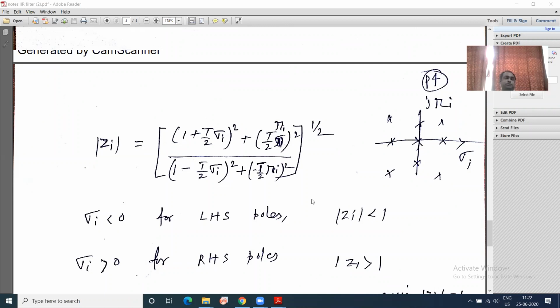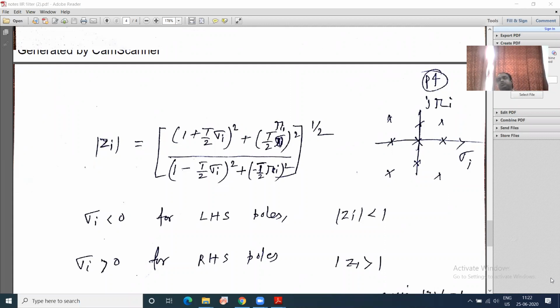Now, if sigma i, the real part of S, is greater than 0, which means poles are in the right half S plane, then the numerator will be greater than the denominator, which means magnitude of Zi will be greater than 1, which means the poles are lying outside the unit circle.